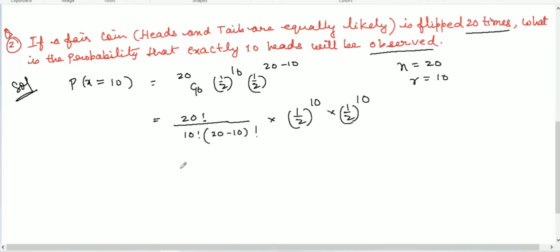You can calculate it and you can get 0.176197, and you can write it down as the probability here.